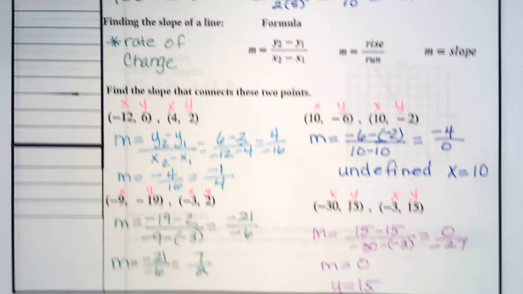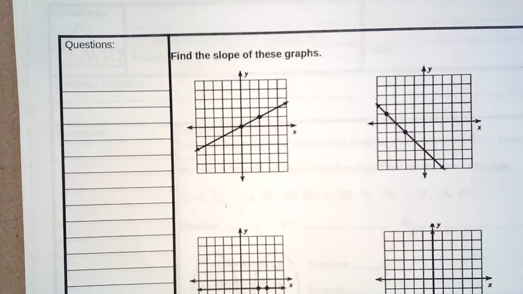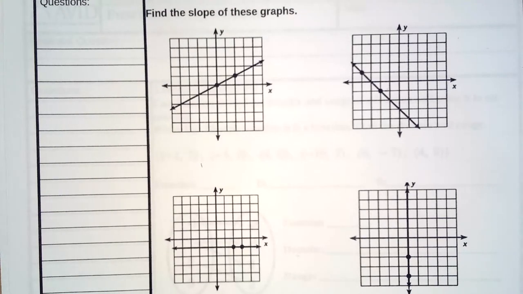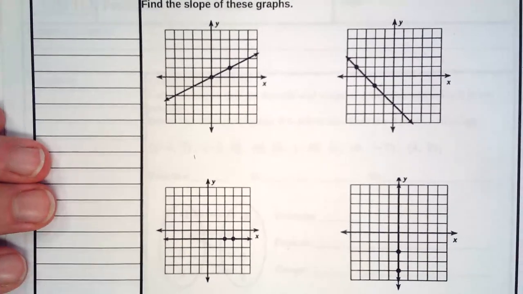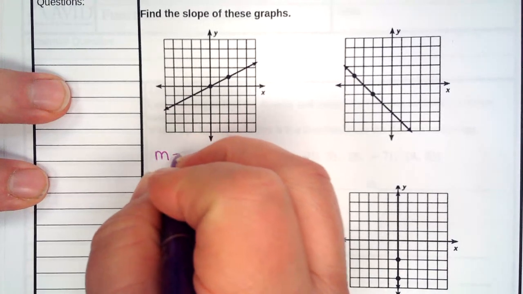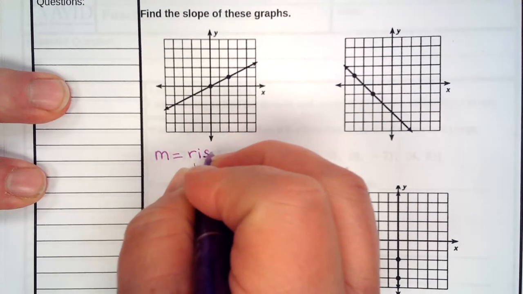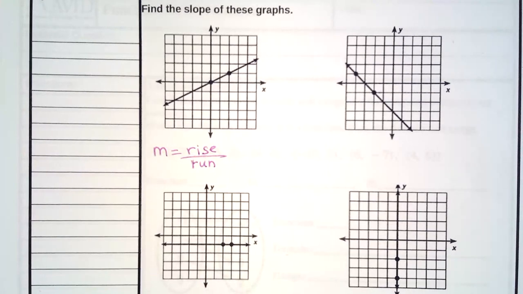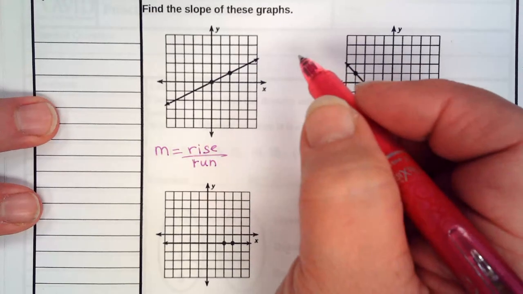Okay, now we've got 4 graphs that we're going to do. And when you do these, you need to look at rise over run. You're actually creating a right triangle.